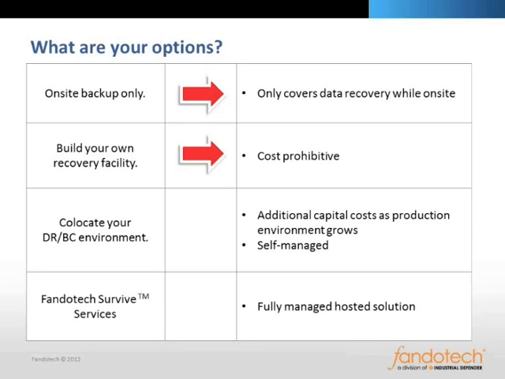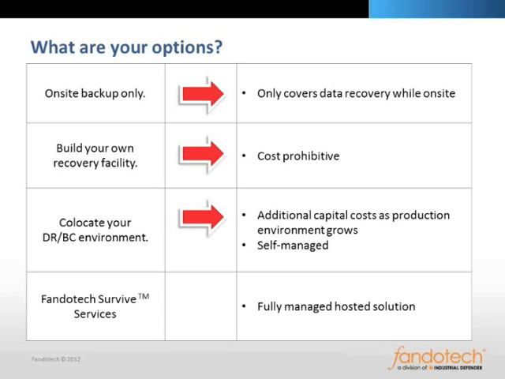You're owning another building. These are huge things that some companies can't afford, and for some it's just cost prohibitive. Another option is to co-locate your DR or BC environment. It's along the same lines as building your own facility, but you're building systems in a shared space. Ultimately, those systems have to be like-for-like with what you've got in-house, so your capital costs grow as your production environment grows.